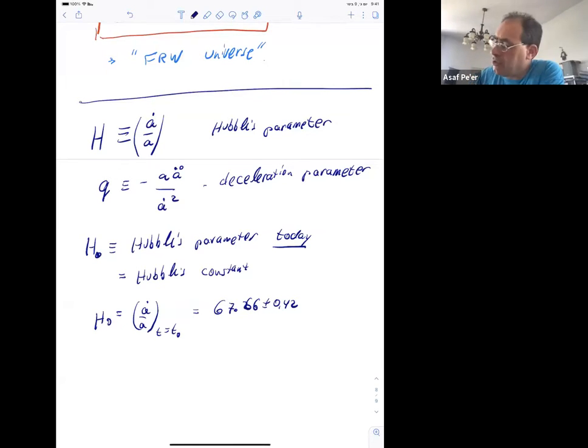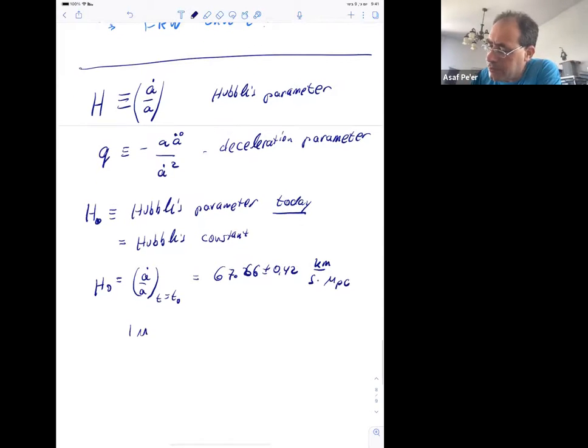And the units are kilometer per second per megaparsec. So it's a velocity divided by distance. Megaparsec is a unit of distance, typical in cosmology. 1 megaparsec is 3 times 10 to the 24 centimeters, approximately. But it's enough to remember this is 70 plus minus 3, roughly.